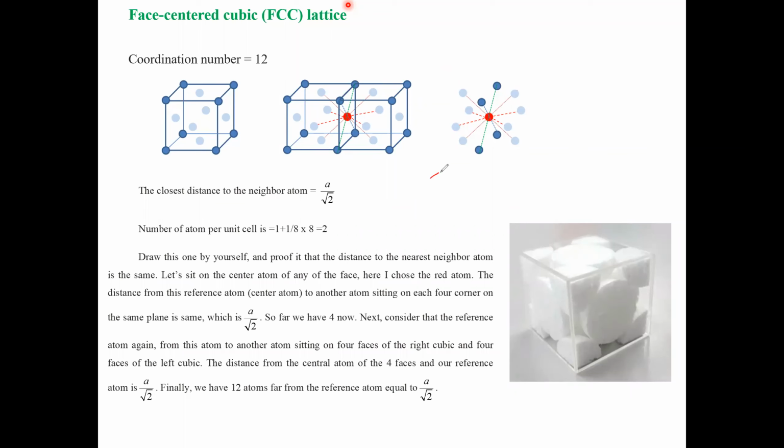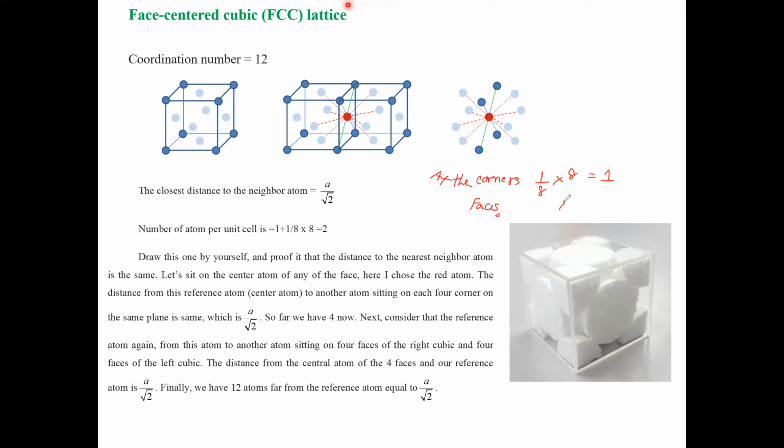So at the corner, so 1/8, right, multiply by 8. So we have 1. And how about all the faces?